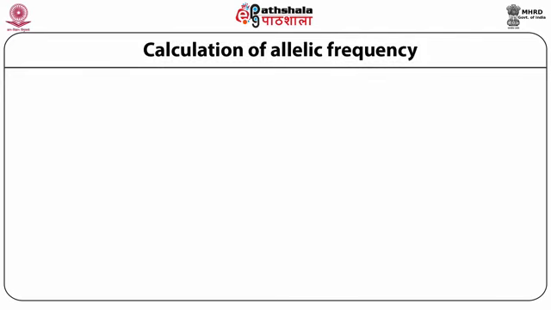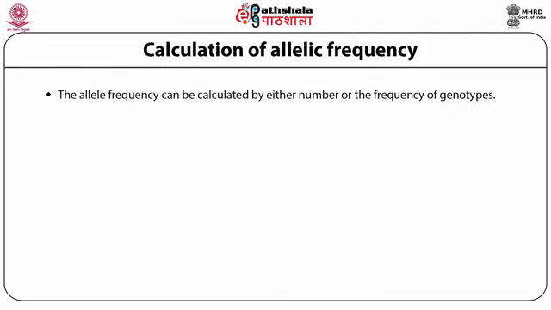As we have mentioned, the allele frequency can be calculated from either the number or the frequency of the genotypes. Now we will see how to calculate the allele frequencies using the frequencies of the genotypes.